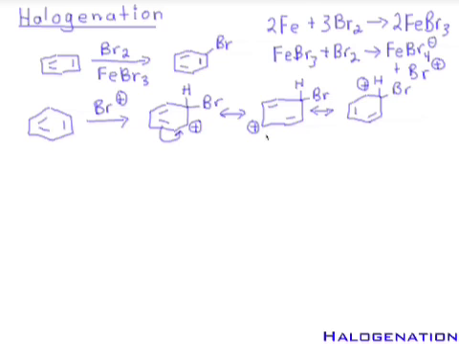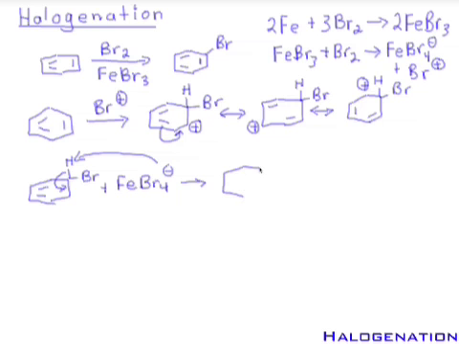Now at this point, what is interesting is that the resonance stabilized benzenonium ion gets attacked by the FeBr4-. The FeBr4- attacks the H. The H dumps in some electrons and restores the double bond.